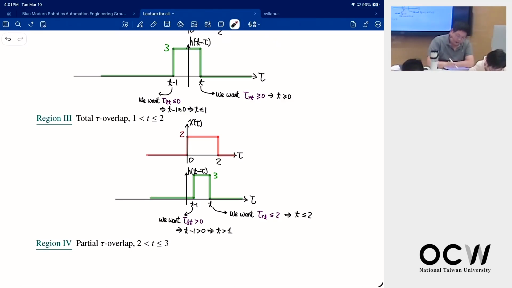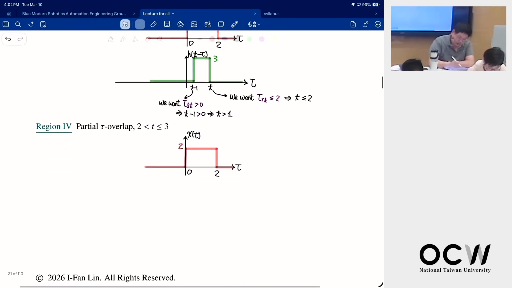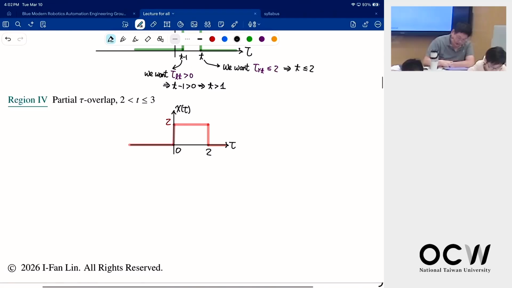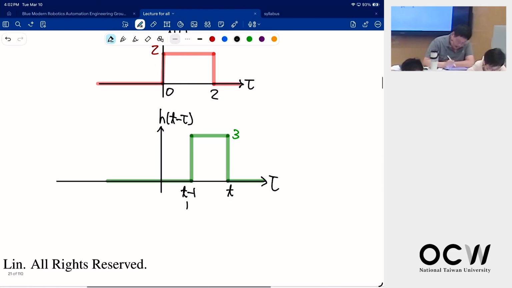Alright, they will move on, still shifting to the right. Then we have a partial tau overlap again. Let's plot h. The magnitude is still 3, and here is t minus 1, and here is t.